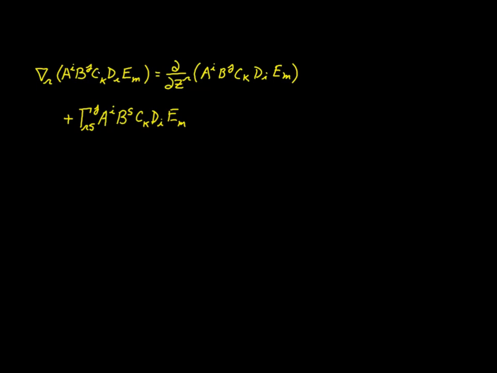All right, we move on next to CK. This time it's a lower index, so it's a negative term. It's gamma. All right, we'll fill in the letters A, B, C, D, and E. And R is always this guy right here.